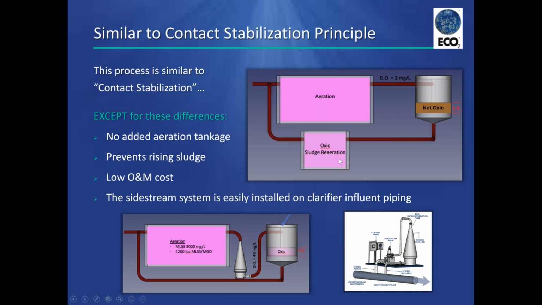So all we're doing is having a contact stabilization process here, but we are not requiring an extra tank to aerate it. We're essentially just using the existing tank that's there, in order to carry out that contact stabilization process. So the next slide, please.